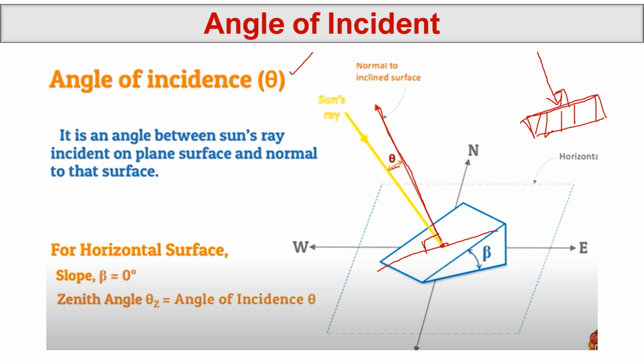So we always try to place the panel perpendicular to the sun rays, but we cannot control the sun rays because the direction of the sun rays changes from morning to evening. It keeps on changing. So at this particular time, solar radiation falls like this. How much angle it makes with the normal to the surface, perpendicular to this surface, that is your theta.